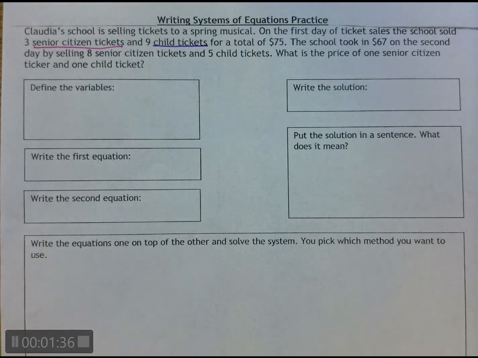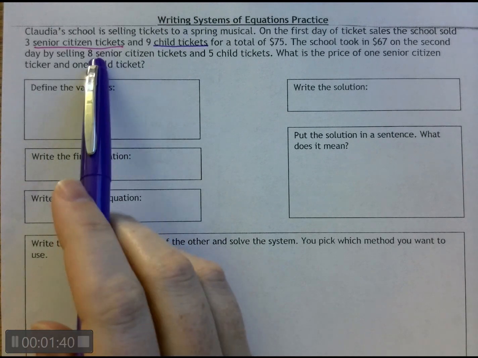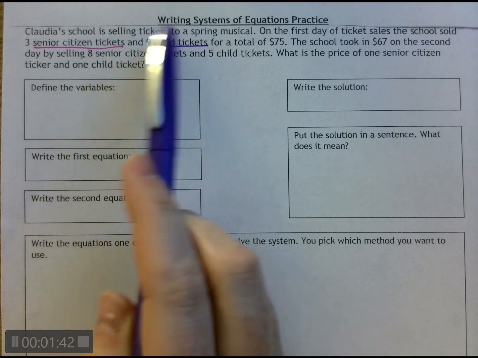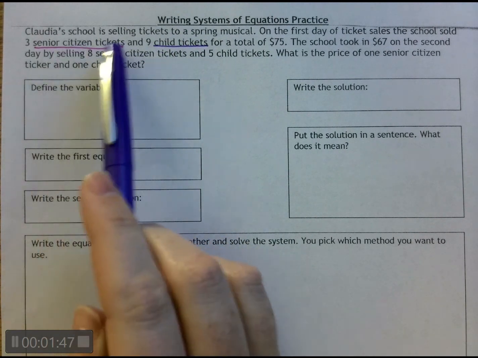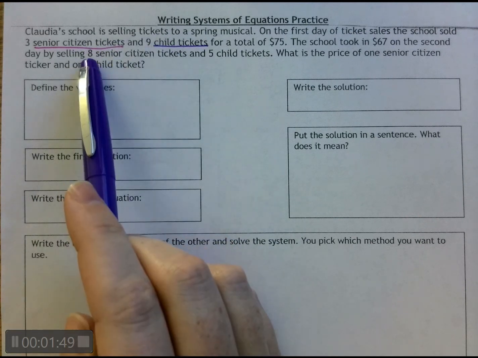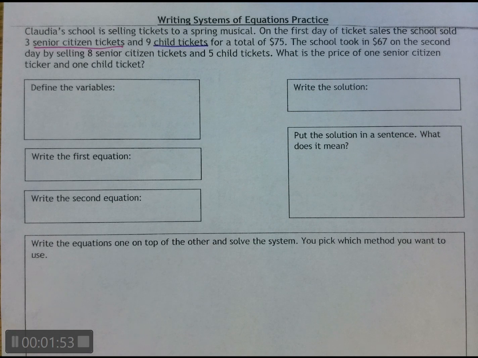Okay? So, when it says define the variables, you need to look for the thing that is the same but different. Okay? Because they are both tickets, but one is for senior citizen and the other is for child. Same but different.